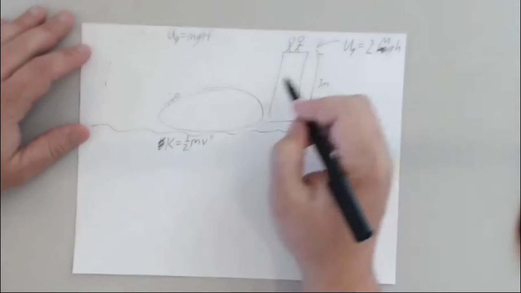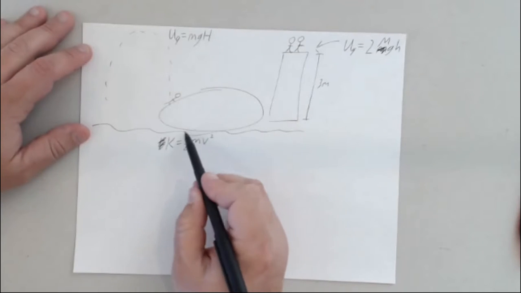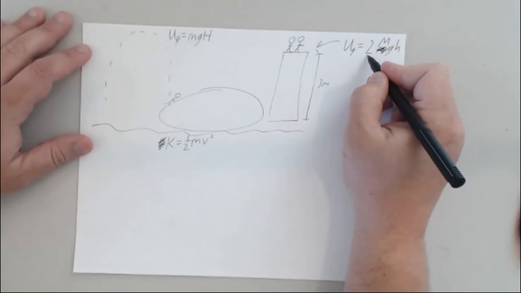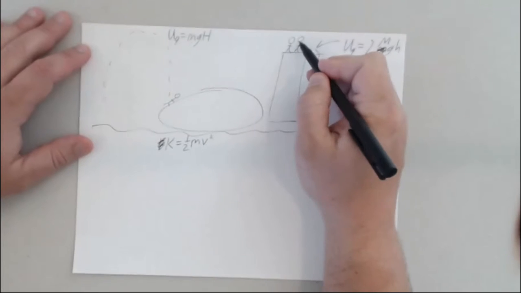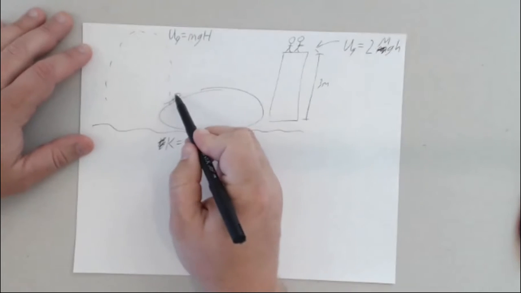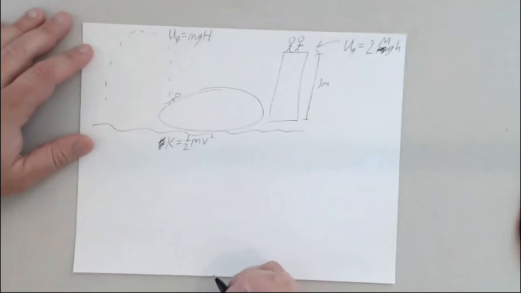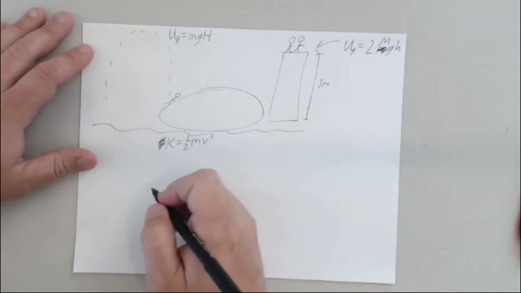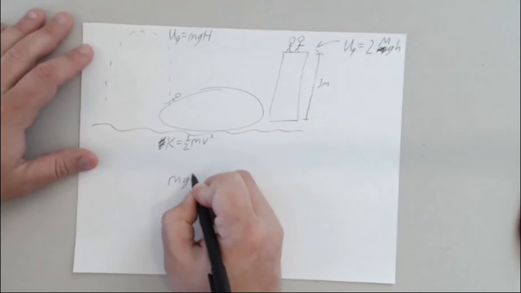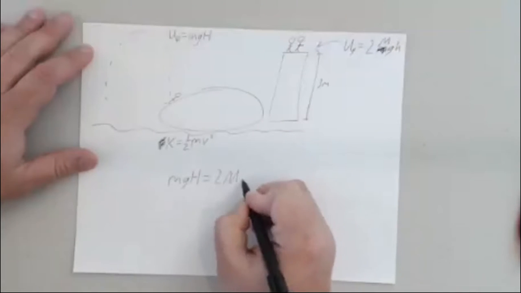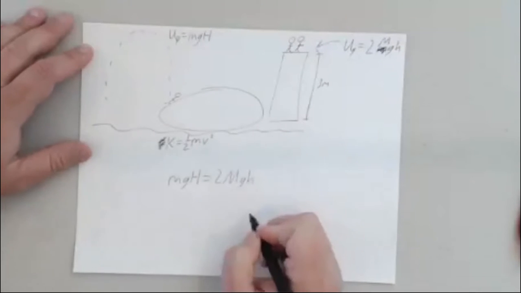Okay, if I conserve energy all the way through, I don't even need to worry about this part, right? I can just go straight from here to here and say that the gravitational potential energy of the people on the towers is equal to the gravitational potential energy of the person at their highest point. If I set those two equal, I get little m g times big H equals 2 big M g little h.